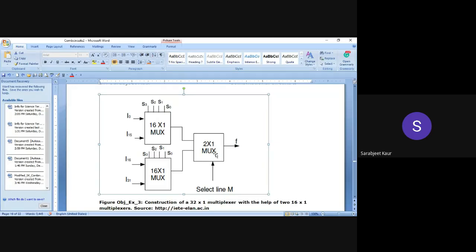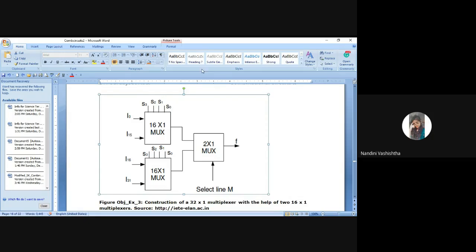The fifth line is either a 0 or a 1. If its value is 0, then the output of this multiplexer will be passed on to the output. If the value is 1, then the output of the other multiplexer will be passed on to the output. Is this clear?